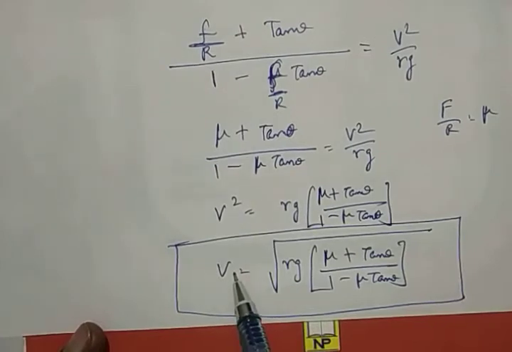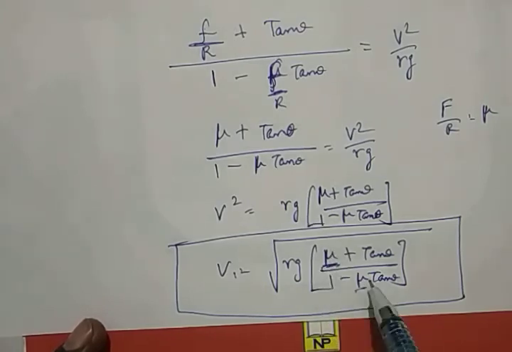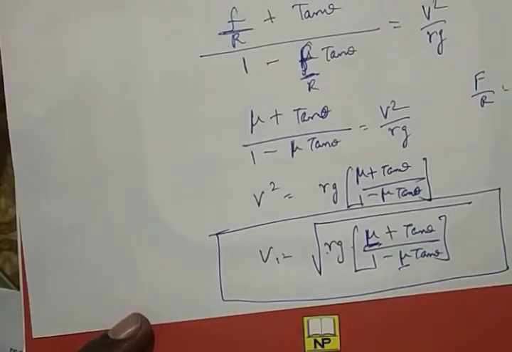Look at this one. How much velocity could it be? Velocity could be greater because the mu value will be there. Suppose if mu is 0, no friction is there, you put 0 here. What will happen? If you put 0, here also 0. It is going to be rg tan theta only. Right?